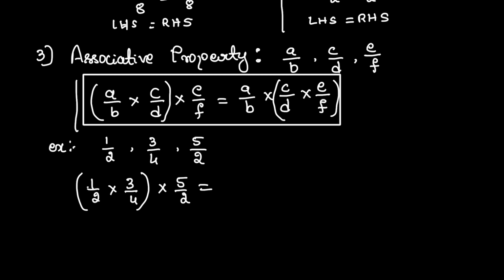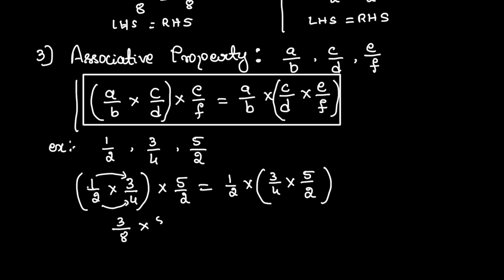A by B is 1 by 2 into 3 by 4 into 5 by 2. First, we have to simplify the bracket terms. So if there is any cancellation in numerator and denominator or cross cancellations, if it is not there, you can multiply numerator with numerator, denominator with denominator. 3 by 4 into 5 by 2 gives 15 by 8.